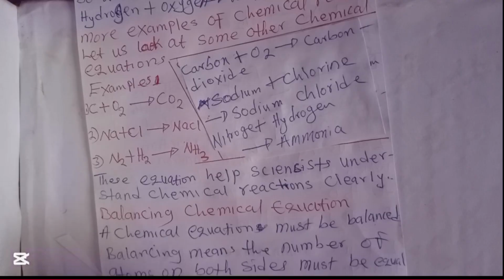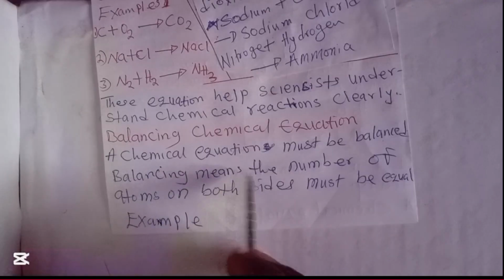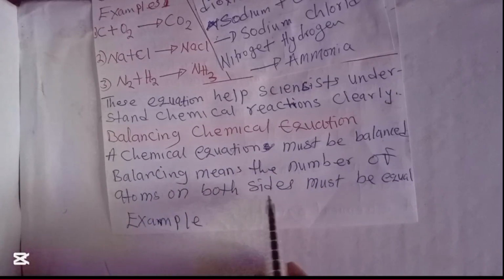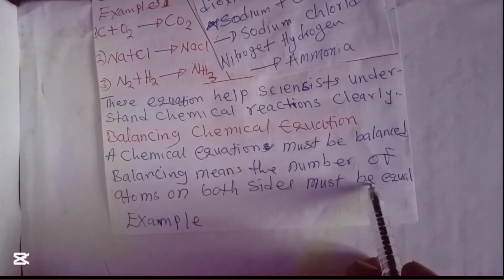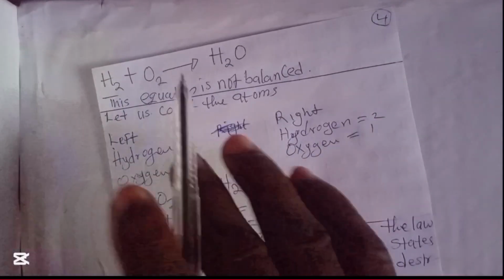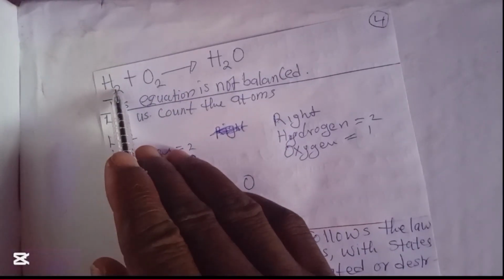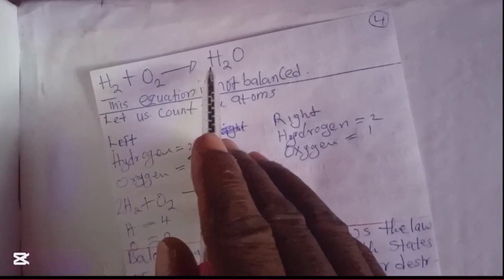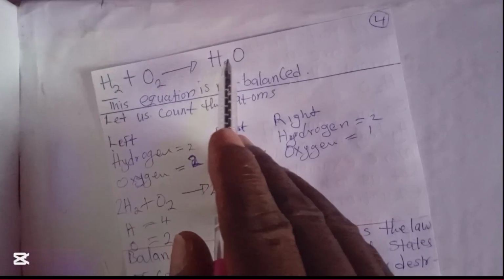A chemical reaction must be balanced. Balancing means the number of atoms on both sides must be equal. Example: here we have hydrogen plus oxygen giving us hydrogen and then oxygen.